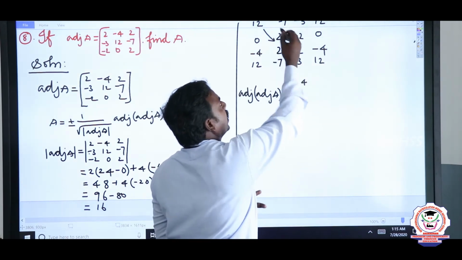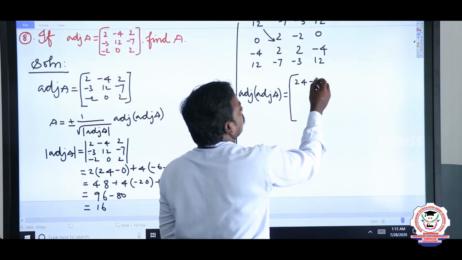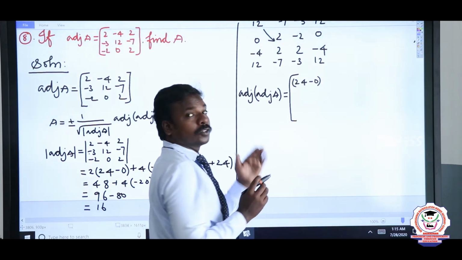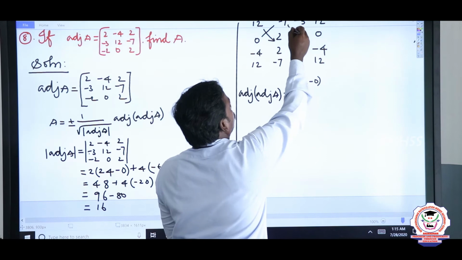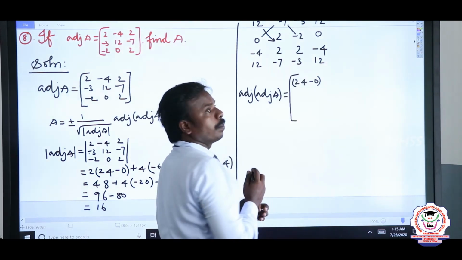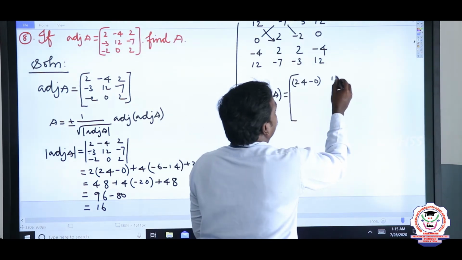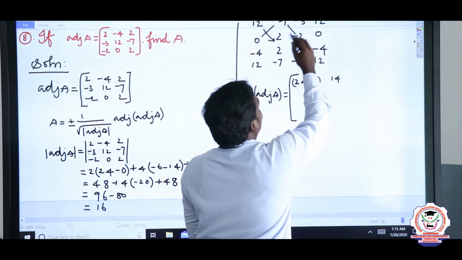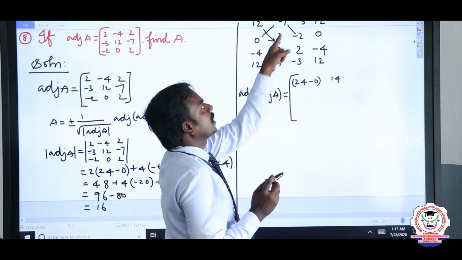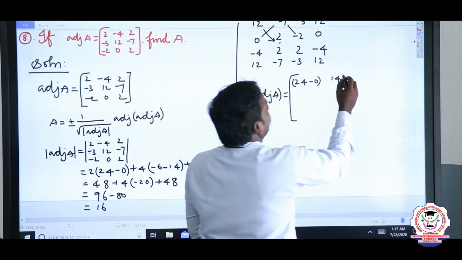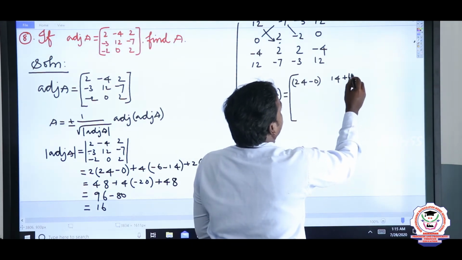So 0 into anything 0. So first row first column over. So first row second column, that is, listen, this is over, so 7 minus into minus plus 14, plus 14, minus should come, so plus 2 into minus 3, so 1 minus should come, so minus to minus plus 2 3s are 6 plus 6.